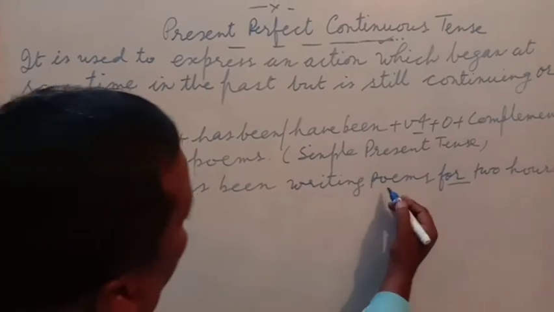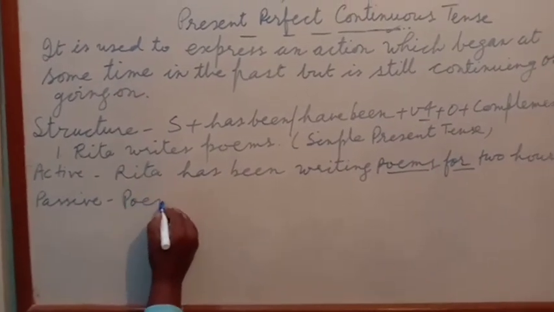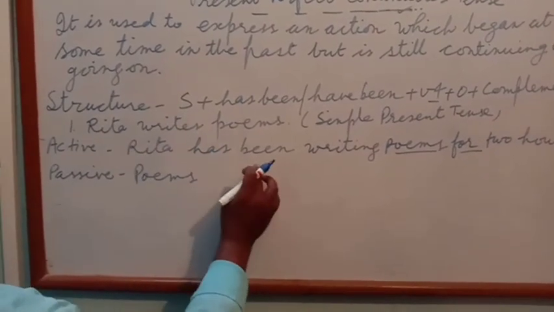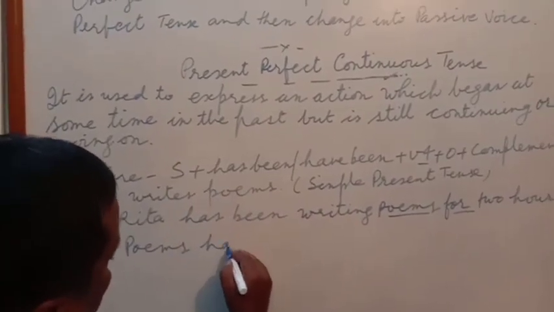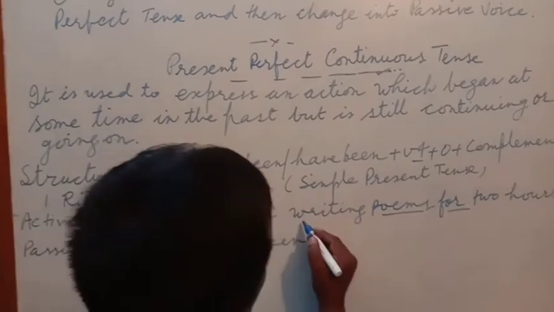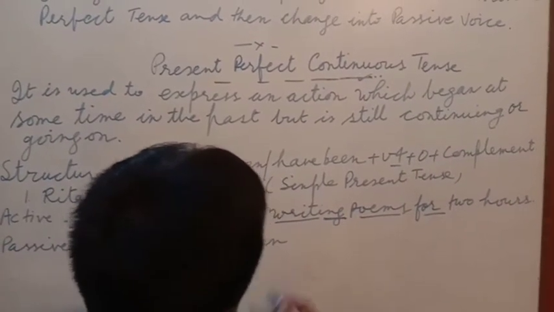At first, object will be changed into subject. Poems. For Rita, singular has been. For poems, plural have been. There are two units, V1 and V4.